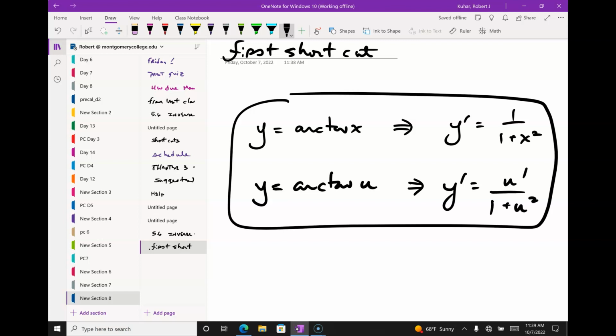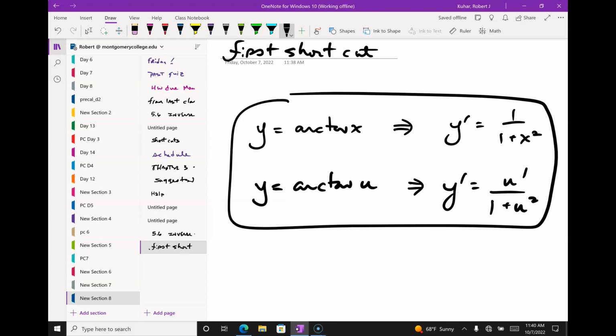Then find the derivative, and 1 plus u squared, and then plug in your derivative. Then make it look nice. In quotes, make it look pretty.